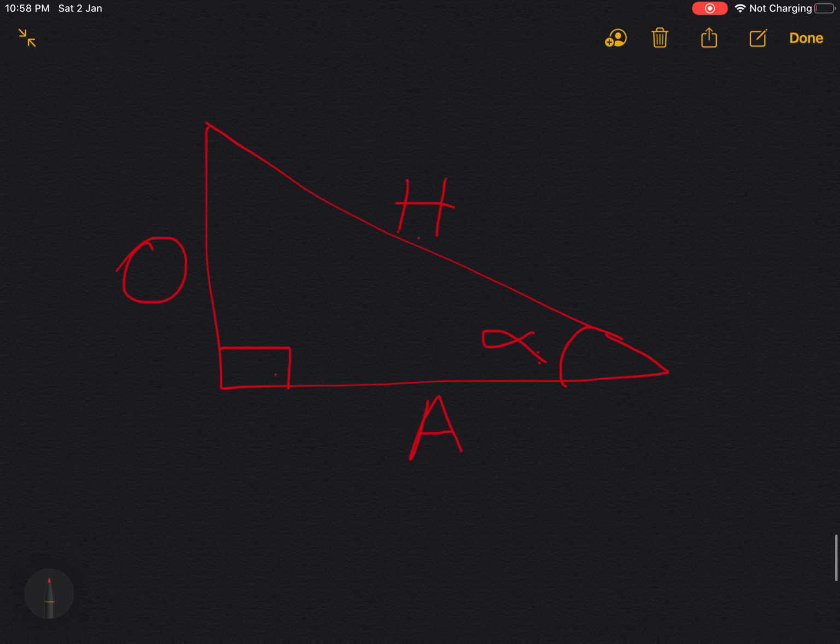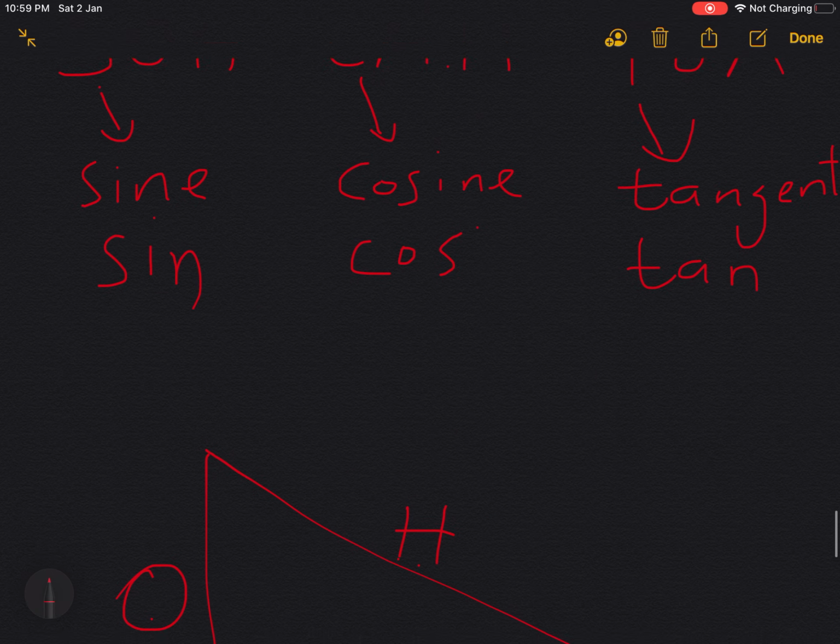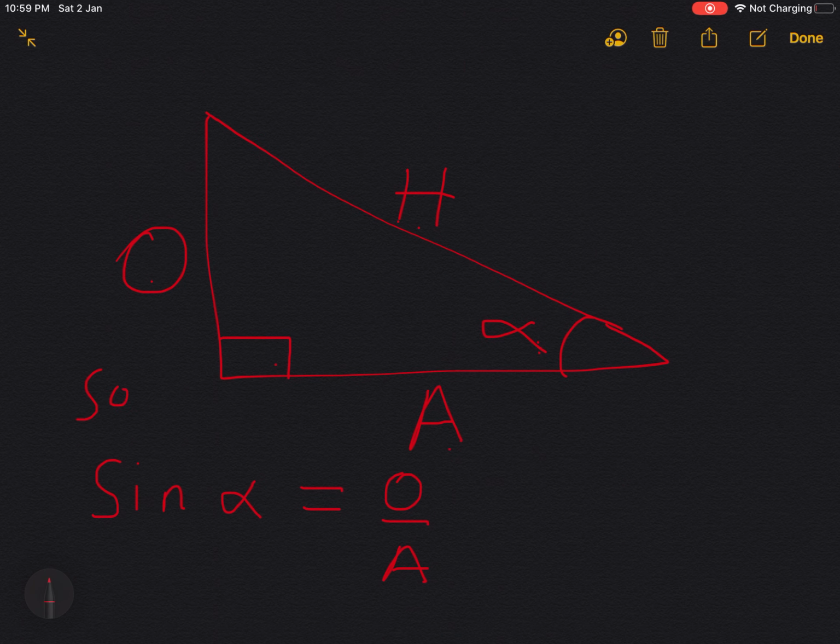SOH means sine of the angle in question is equal to the ratio of the opposite to the hypotenuse. So if you recall, SOH means sine is equal to opposite over hypotenuse. CAH means the cosine of the angle alpha is equal to adjacent over hypotenuse.